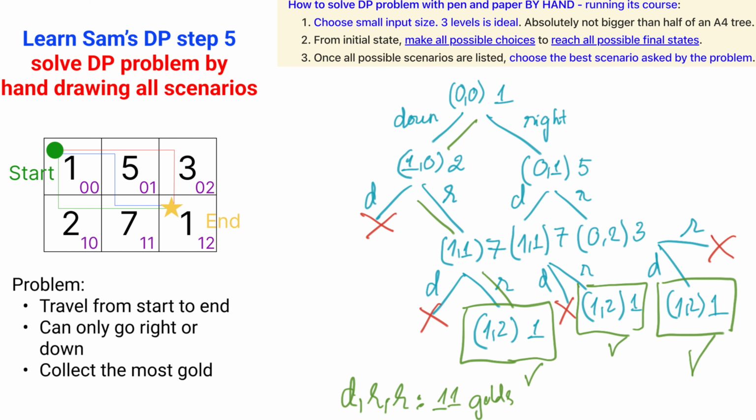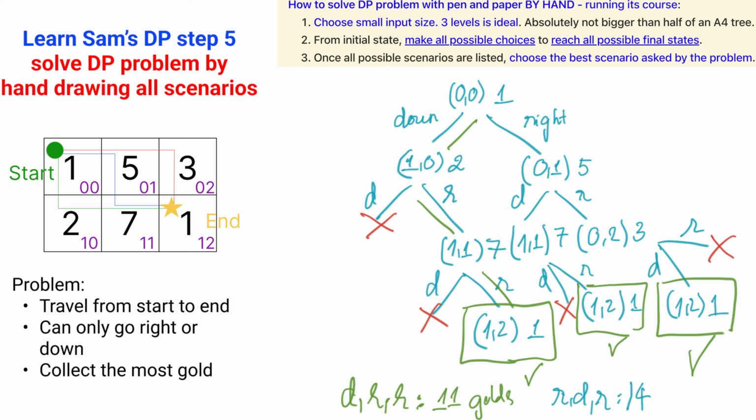The second path is the blue path we have here, which is going from 1 to 5 to 7 to 1, which is what we have here. And that is right, down, right. It's gonna give us 1 plus 5 plus 7 plus 1, a total of 14 goals.